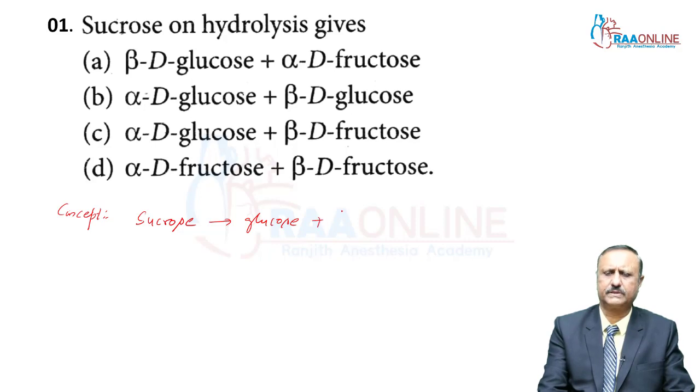It is a very simple component. Which form of glucose takes part in the formation of sucrose? My dear students, it is alpha D glucose. Alpha D glucose takes part in the formation of sucrose. What is alpha D glucose?